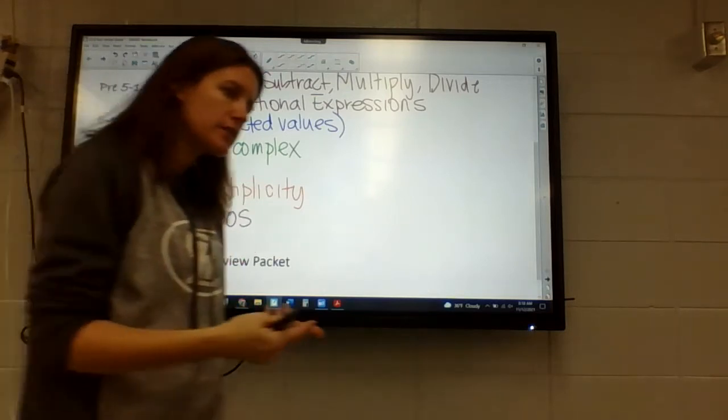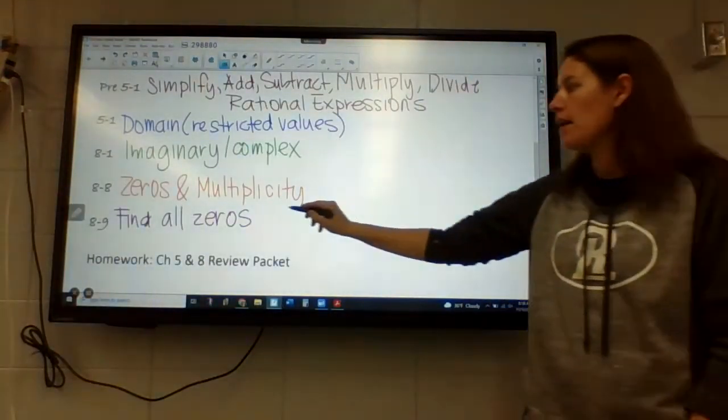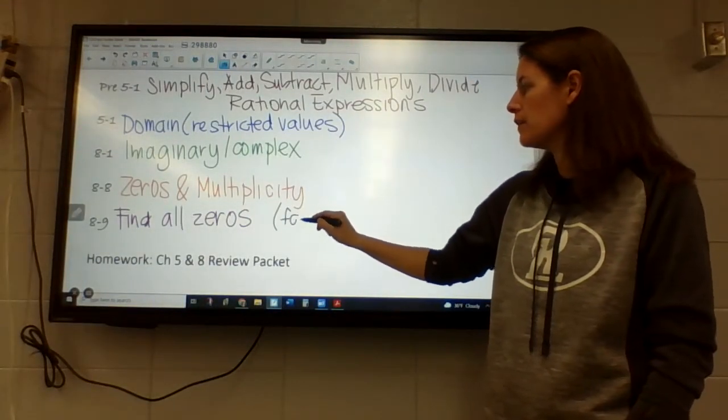And so finding all the zeros, some of our tools with that, we talked about factoring.